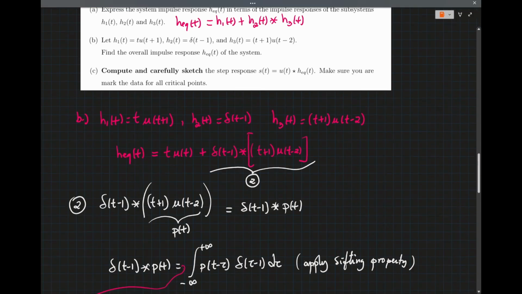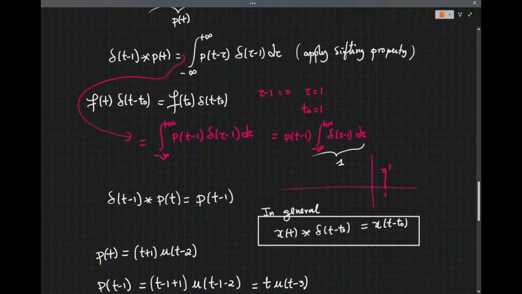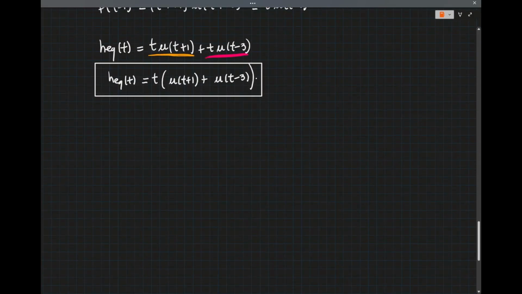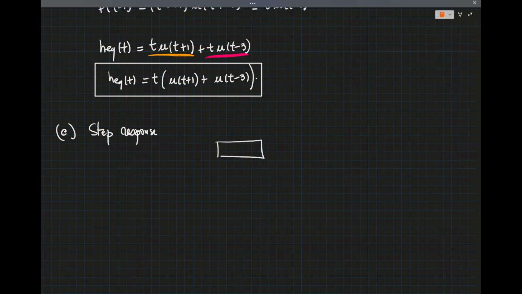Then question C, we're asked to compute and sketch the step response. Now, what is the step response? We have an LTI system.